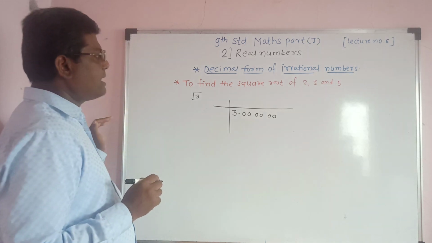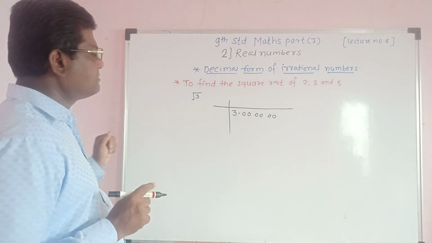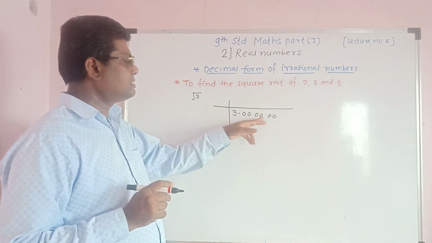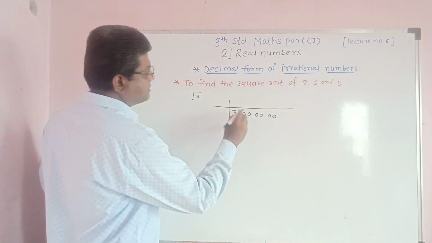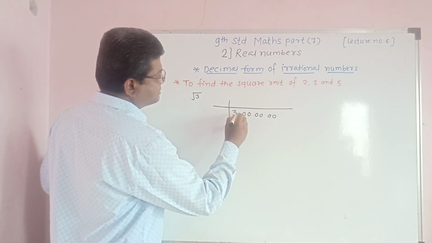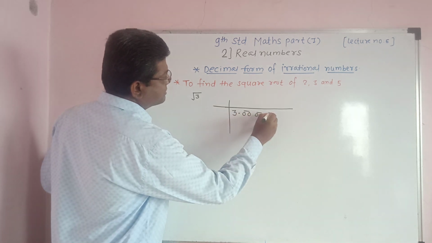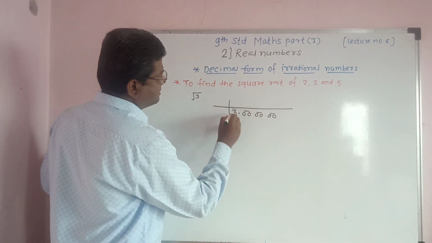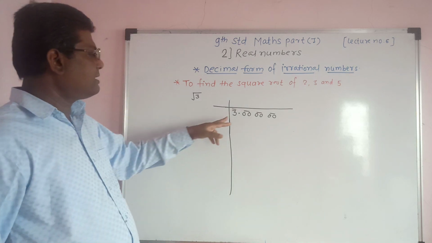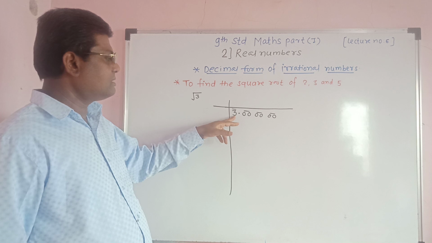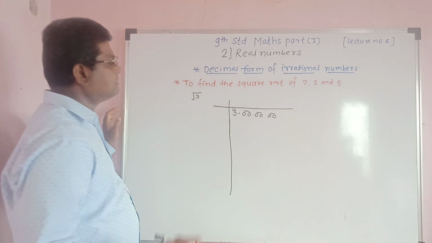If we have to find the decimal form up to 3 places, we put 6 zeros after the decimal point, and grouping of zeros on the right side of the decimal is up to 2 zeros, and on the left side is a 3 only.